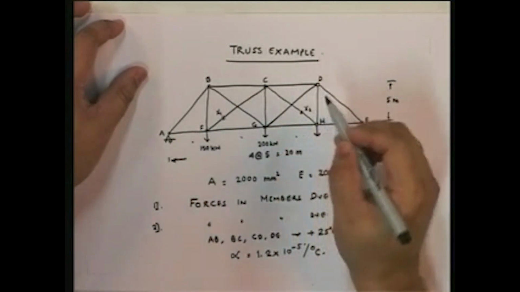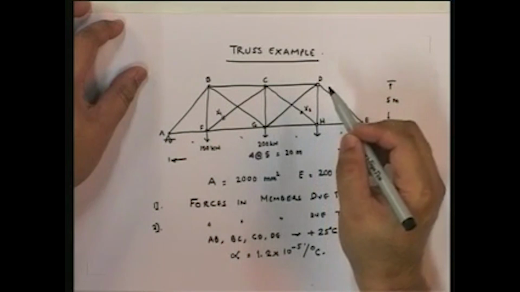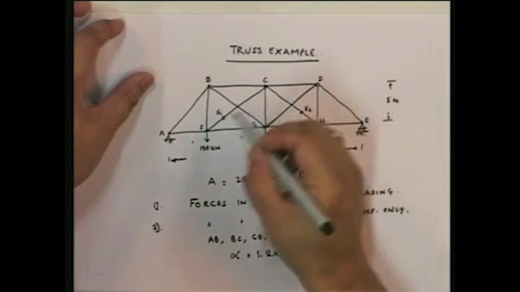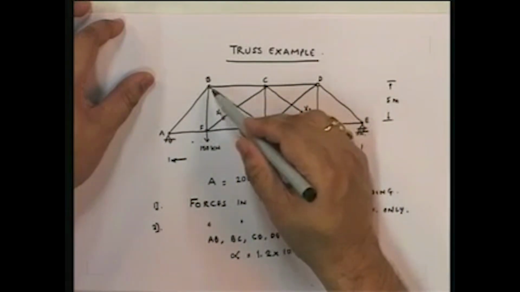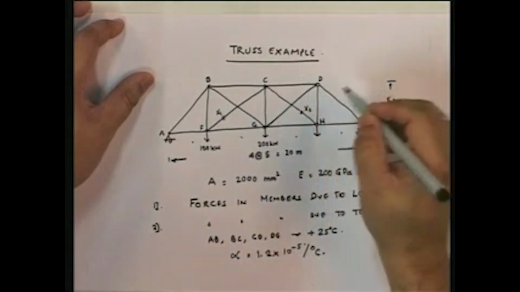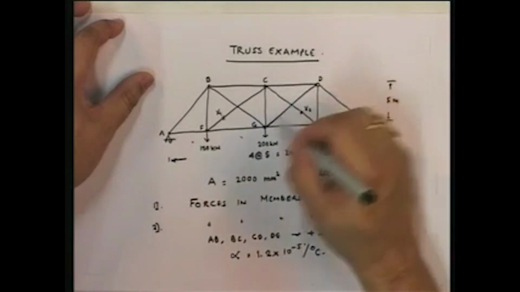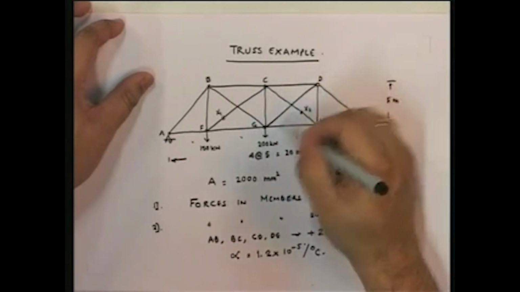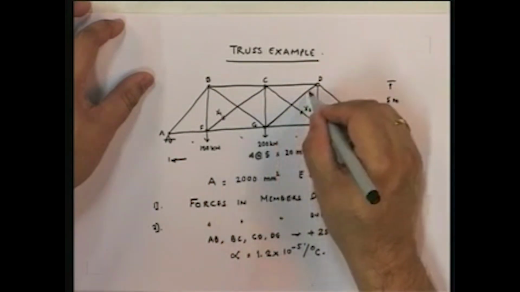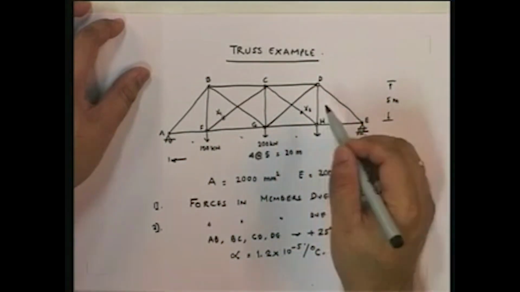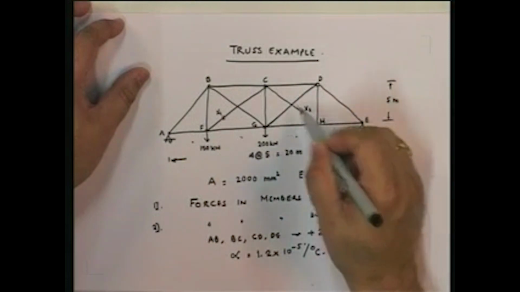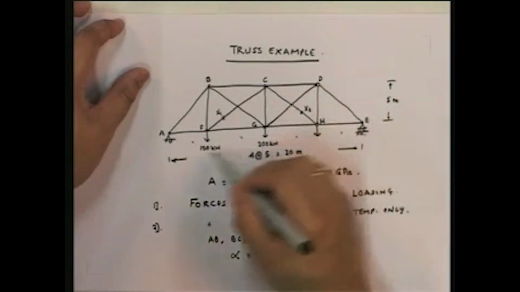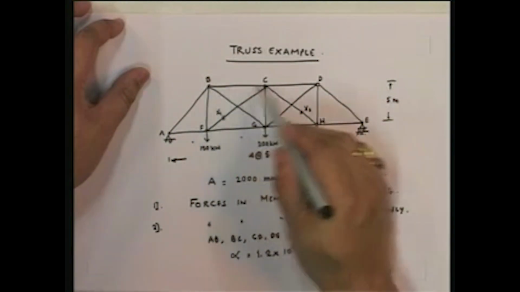The only thing that I have done is I have taken the BCFG panel and put 2 diagonals in it, and I have taken the CDGH panel and put 2 diagonals in it. So these are the end portal, these are the verticals, these are the diagonals, and this is the bottom chord and the top chord.